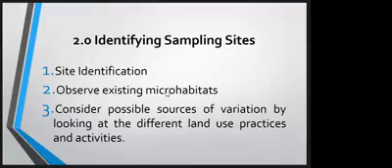Now, maybe this is not just about human intervention, but also factors like the gas, the oil and grease coming from the yacht, no? Another is to consider possible sources of variation by looking at the different land use practices and activities.